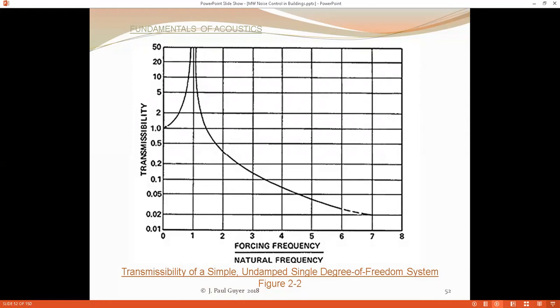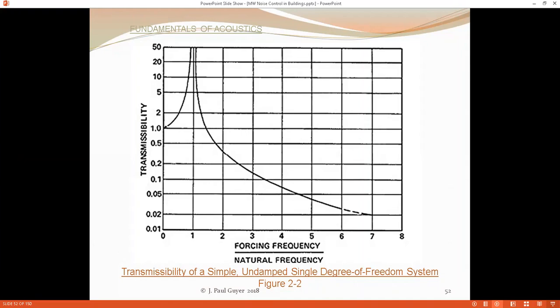And that is one single frequency. If the mechanical system, like say a beam in a building, is subjected to a forcing frequency of vibration that is at the natural frequency of the beam, then the natural frequency reinforces the forcing frequency.